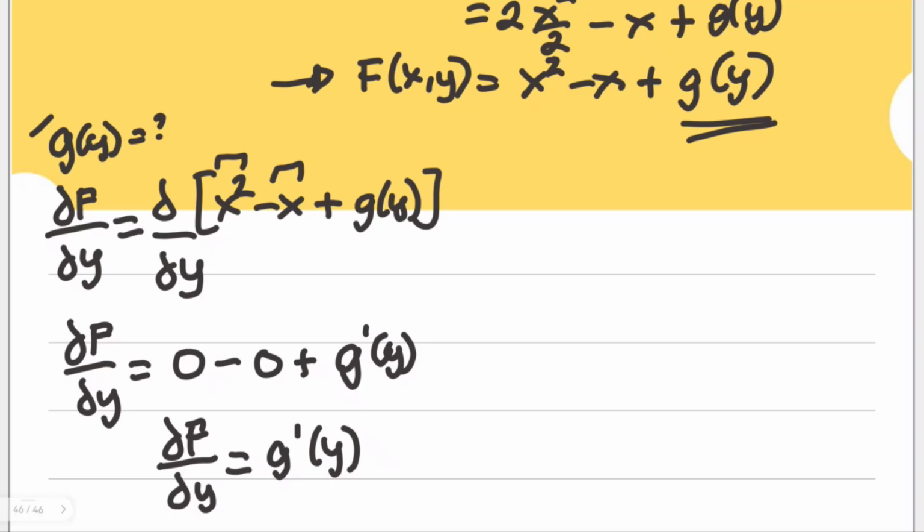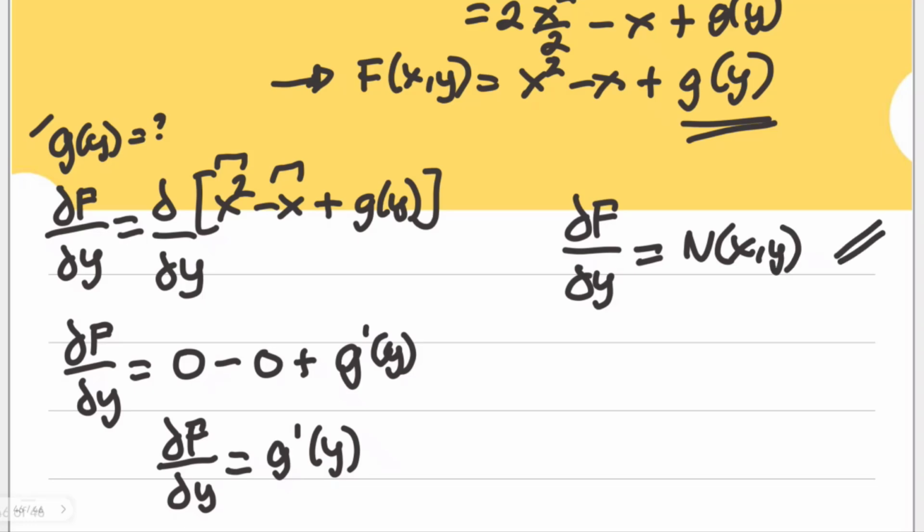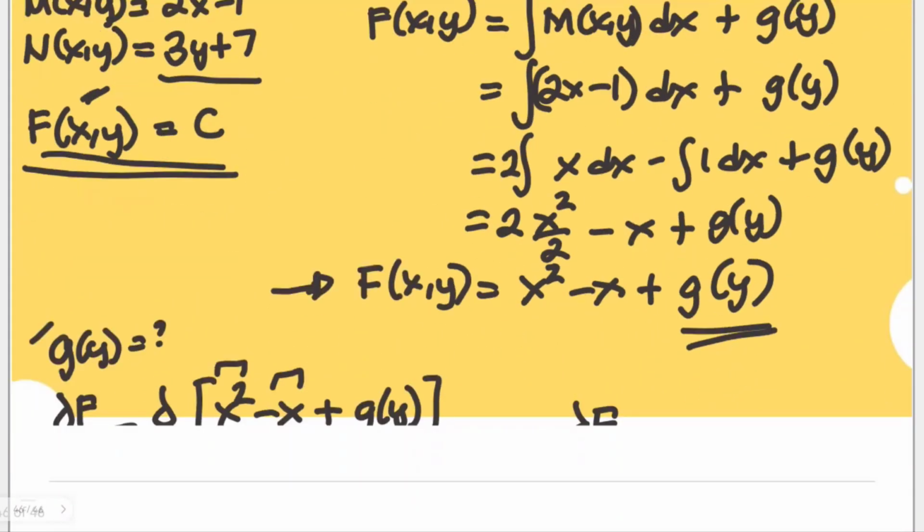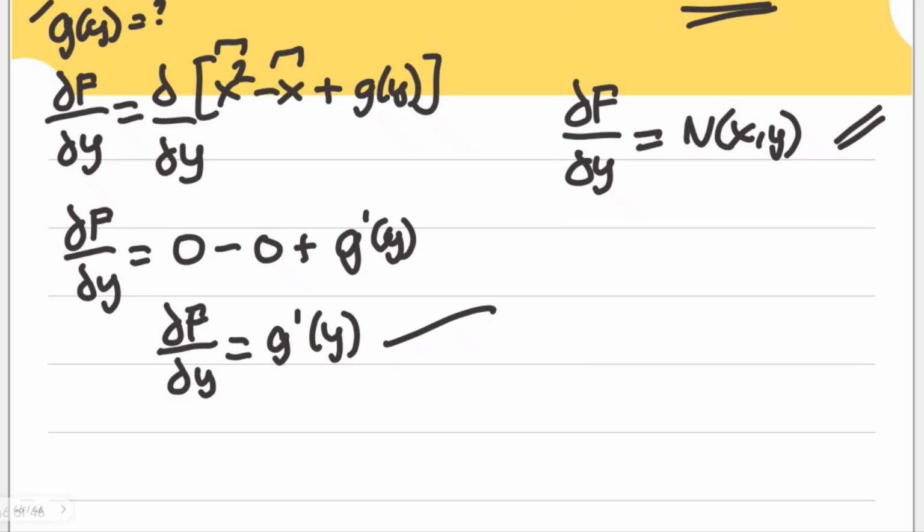We need to use this: the first partial derivative of f with respect to y is equal to N(x,y). This is one of the equivalences you need to remember when solving exact equations. And what is N(x,y)? 3y plus 7 is your N. So g prime of y is your N(x,y), which is 3y plus 7.